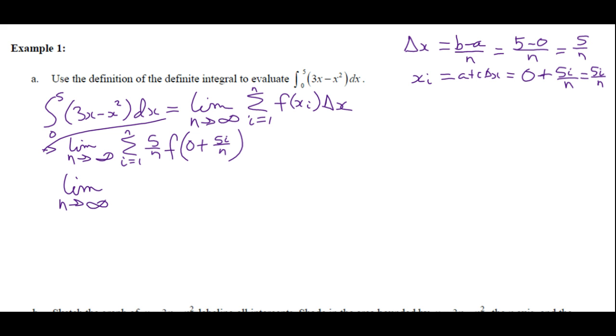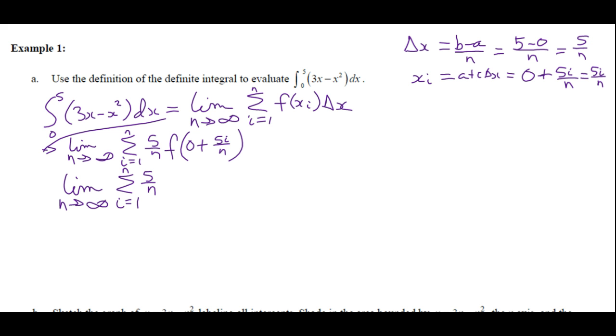So the limit as n approaches infinity of the sum, i equals 1 to n, 5 over n. All right, so what's f of 0 plus 5i over n? What we do is we look at the definition. f of x is 3x minus x squared. So I'm going to take 3 times this, which is just going to be 15i over n. Okay, 0, we don't care about it.